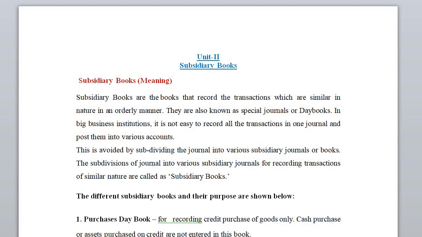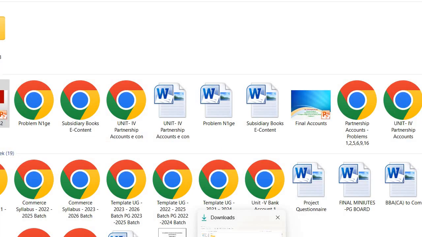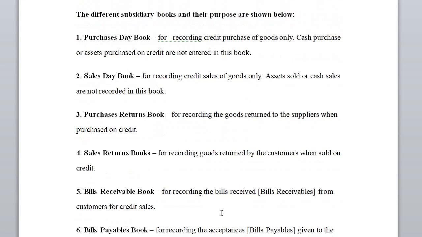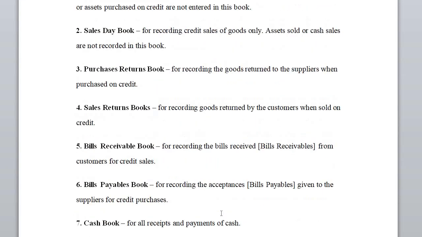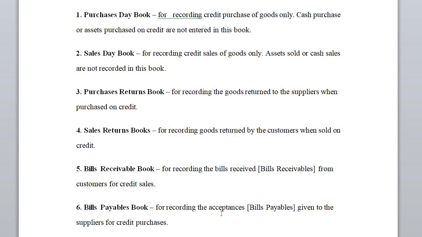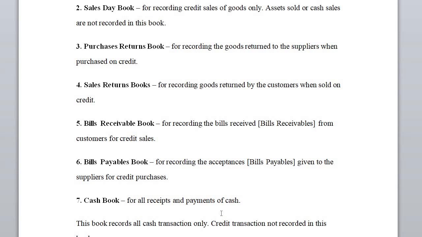We are going to see what are the different types of subsidiary books and what is the purpose of preparing the various types of subsidiary books. There are 7 types of subsidiary books, namely purchase book, sales book, purchase return book, sales return book, bills receivable book, bills payable book, cash book, and journal proper.